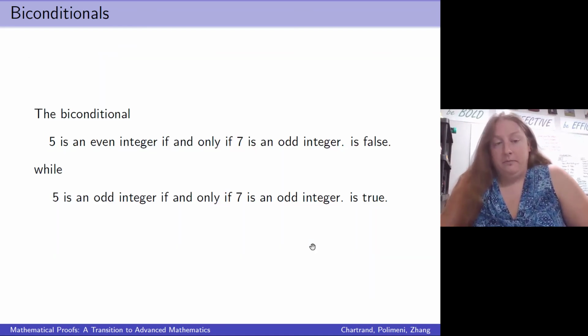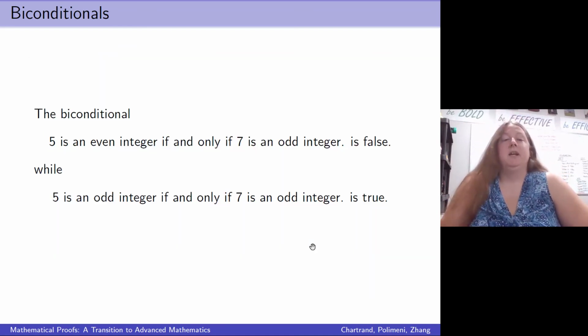So going back to that original example that I had, the biconditional way of saying it is 5 is an even integer if and only if 7 is an odd integer. You notice that 5 is not an even integer, so the first statement is false. And 7 is an odd integer, so the second statement is true.